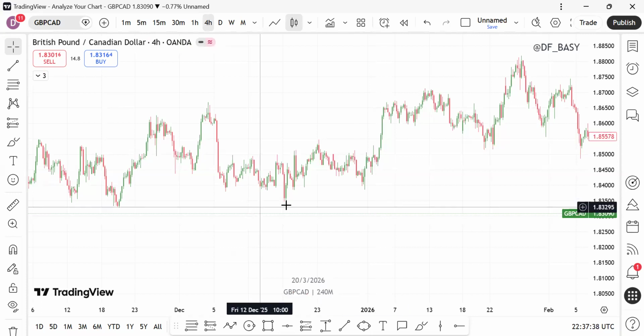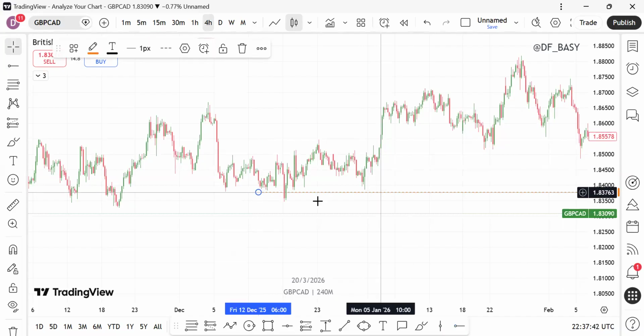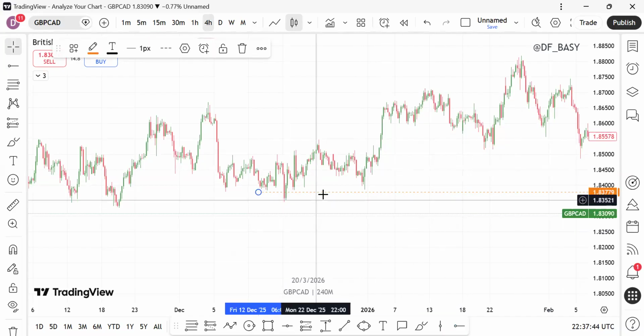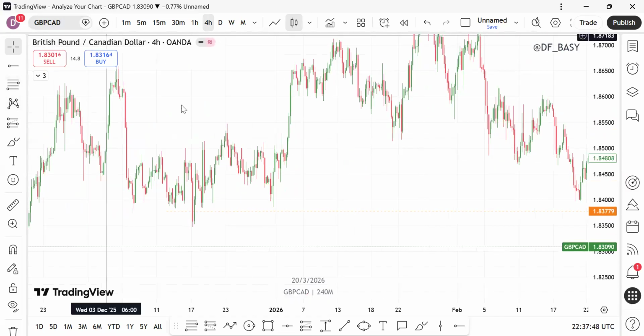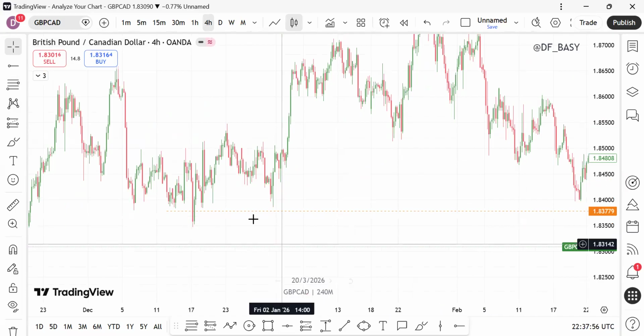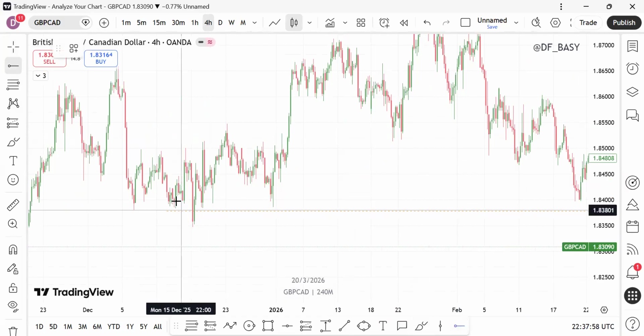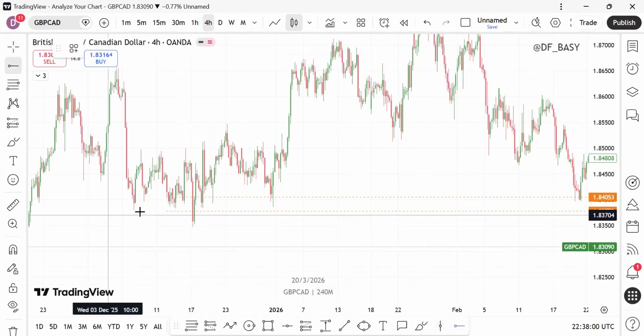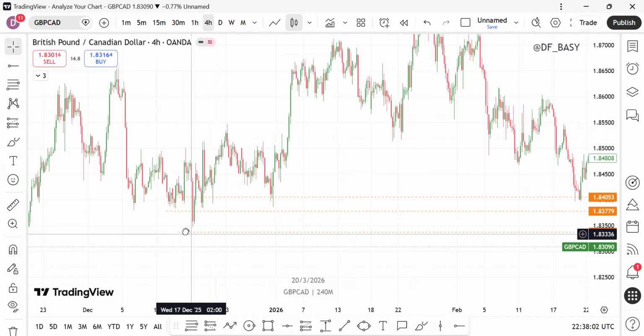Let's say you have an order block at this price. An order block forms here because there are many orders. Let's say this is GBP/CAD. I'm on the GBP/CAD chart. I'm looking at the price chart on the right-hand side. So this is 1.83779. Let's say everybody wants to buy around this price range, so they set their buy limit orders.